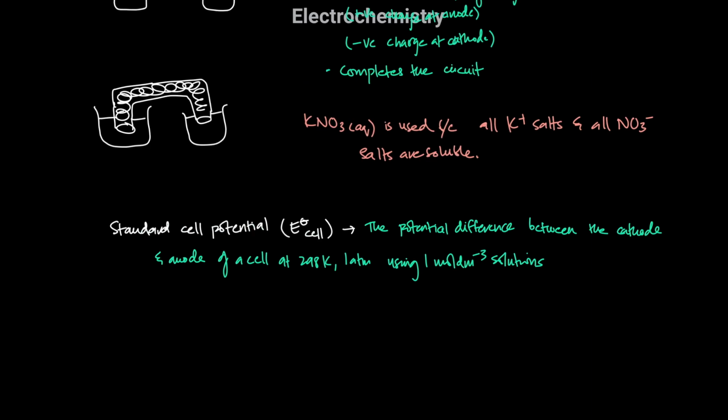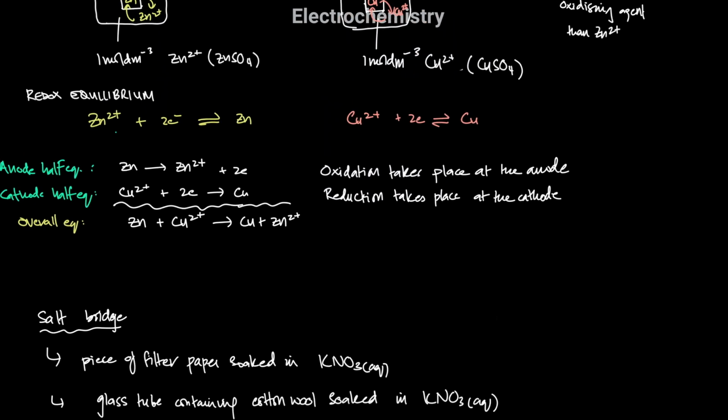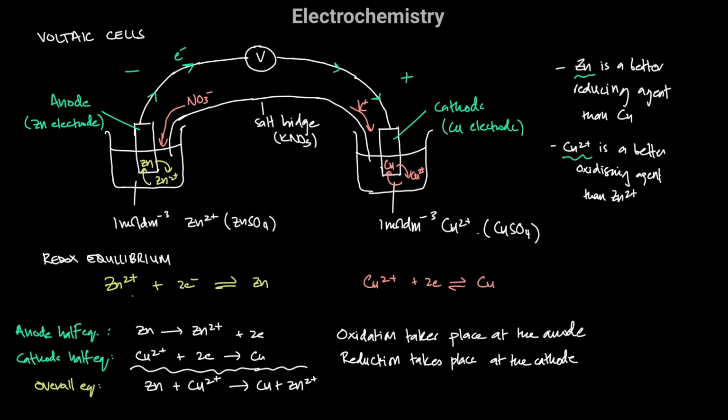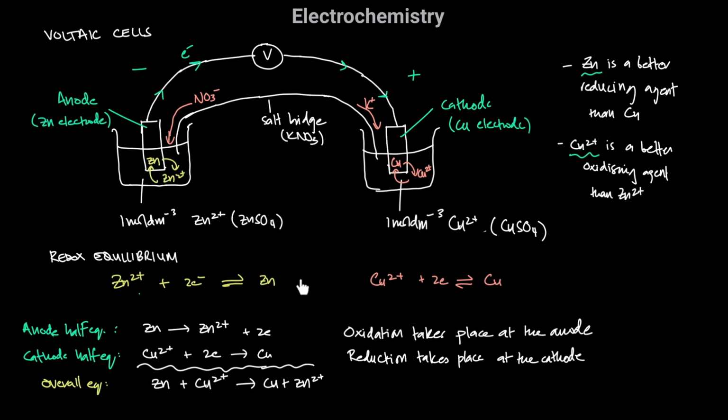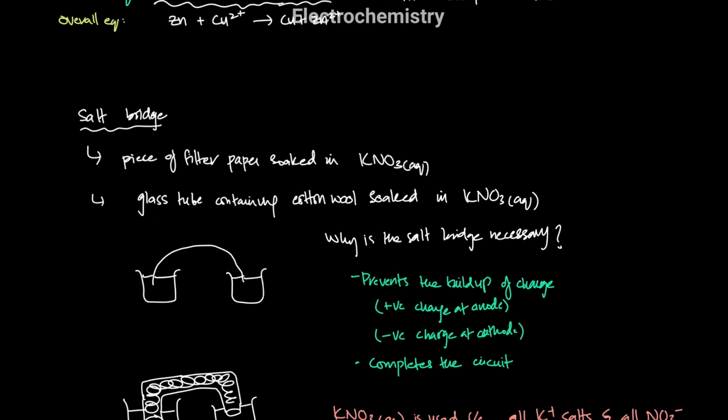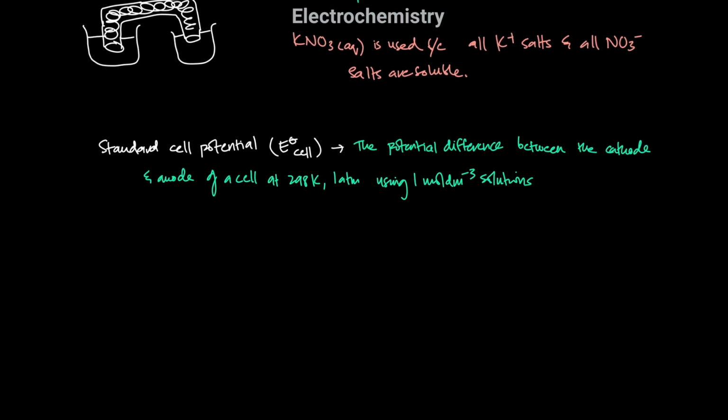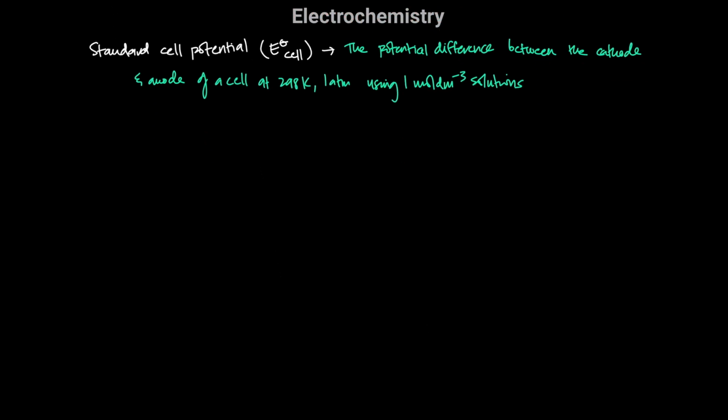The reason I'm saying this is because if we vary the concentration of, in this case, for example, Zn2 plus or copper 2 plus, we would affect the direction of the equilibrium and therefore affect the value of the potential difference. So for standardized conditions, we have to use 1 mole per dm cube solutions for our electrolyte.